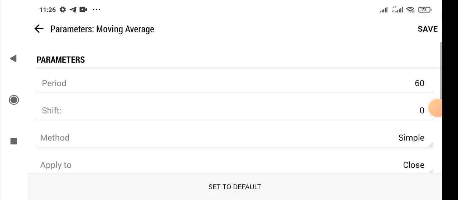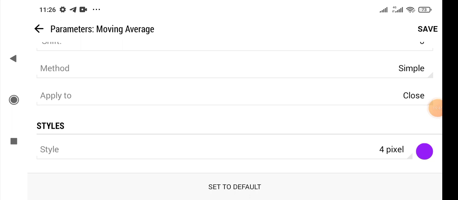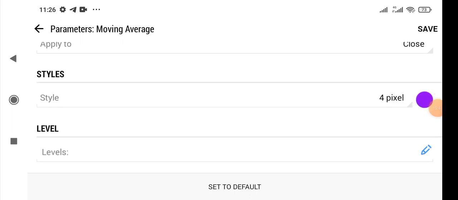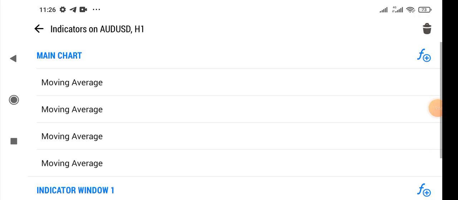Second moving average, we are going to have 60, shift is going to be 0, method is simple, apply is close, style you'll choose the pixel of your liking and the color, then you save.